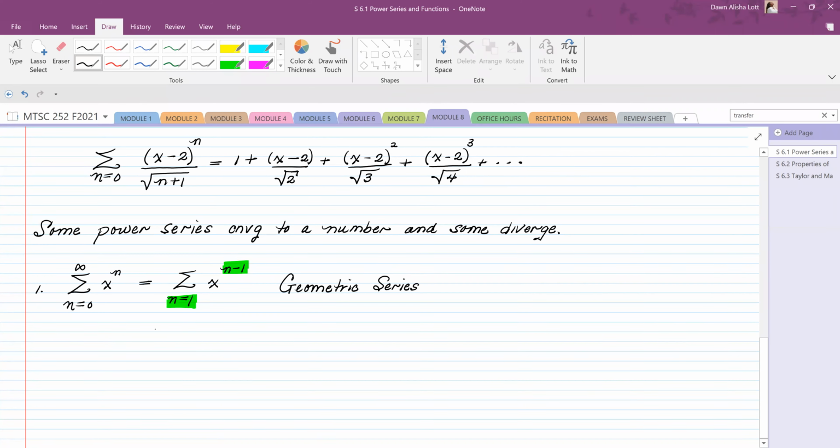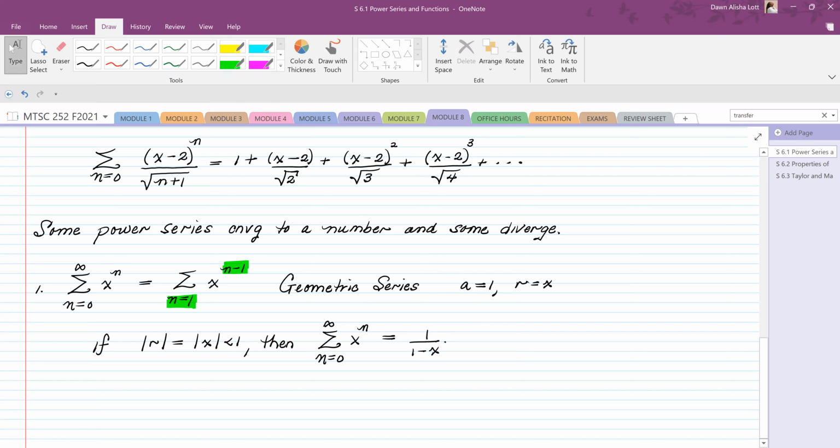So if the absolute value of r, which is the absolute value of x, is less than 1 (here a is 1 and r is x), then this geometric series, the sum n equals 0 to infinity of x to the n, sums to 1 over 1 minus x. How cool is that?